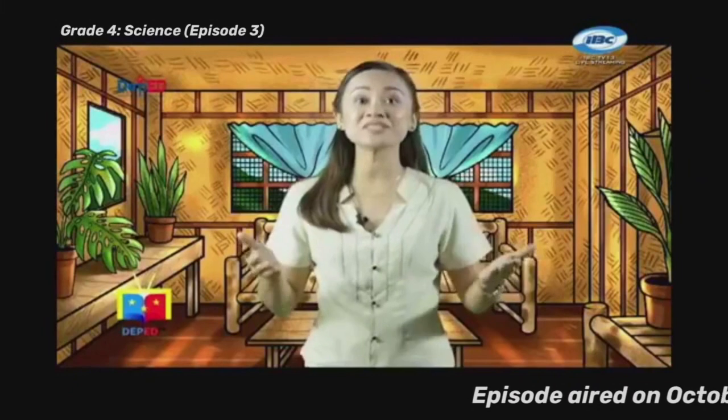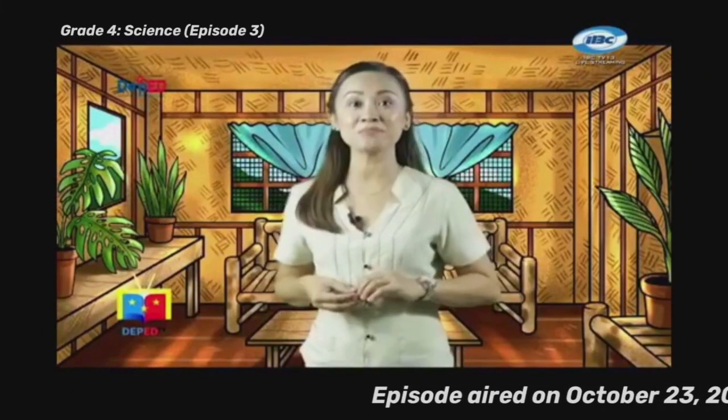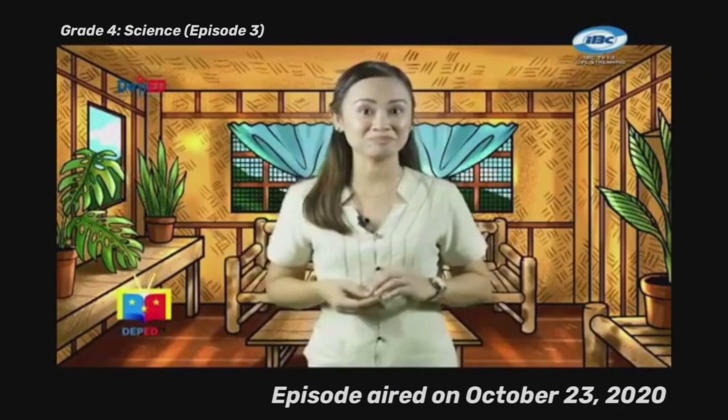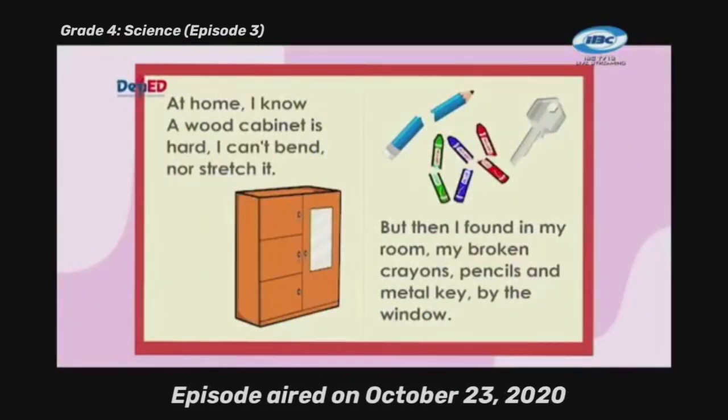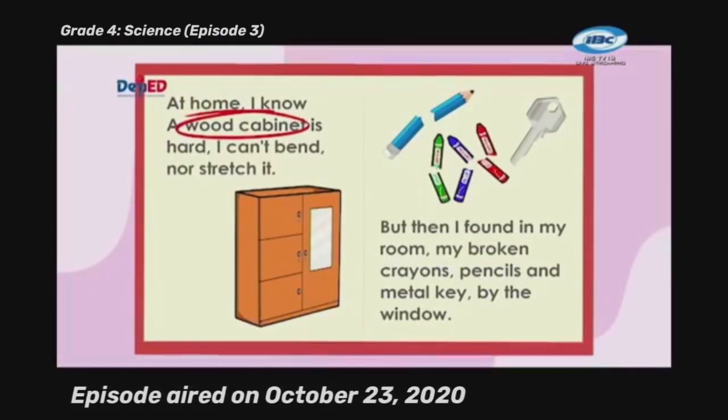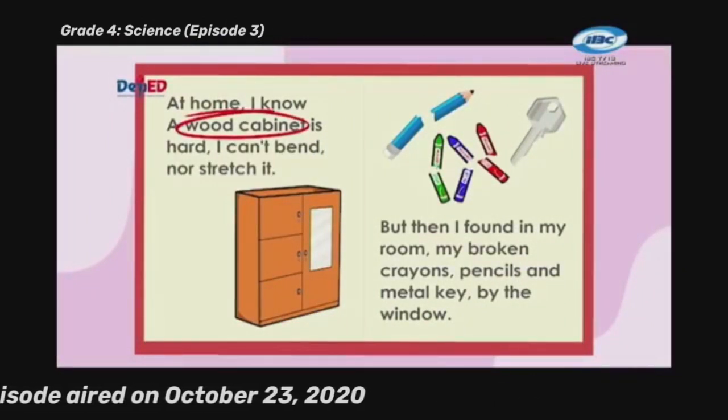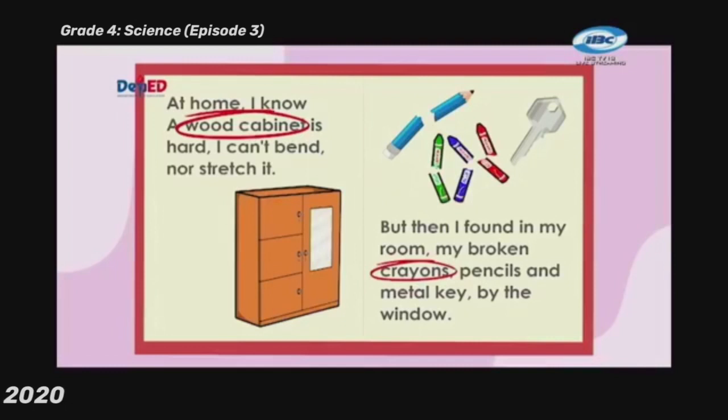What are the different solid materials mentioned in the poem? Let's name them. Wood cabinet. Crayon. Pencils.